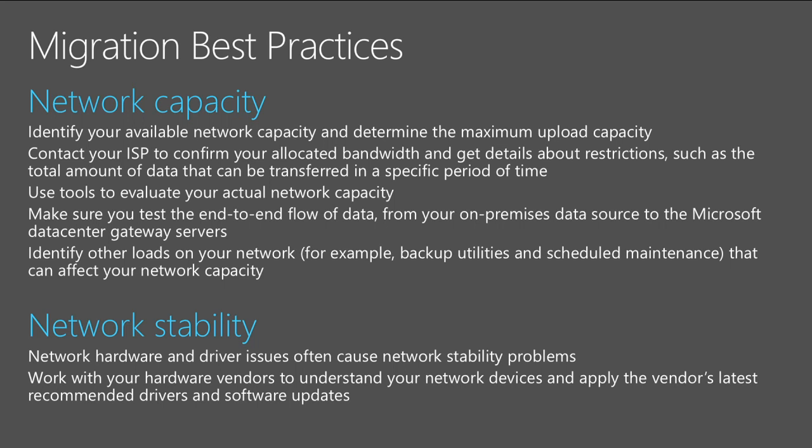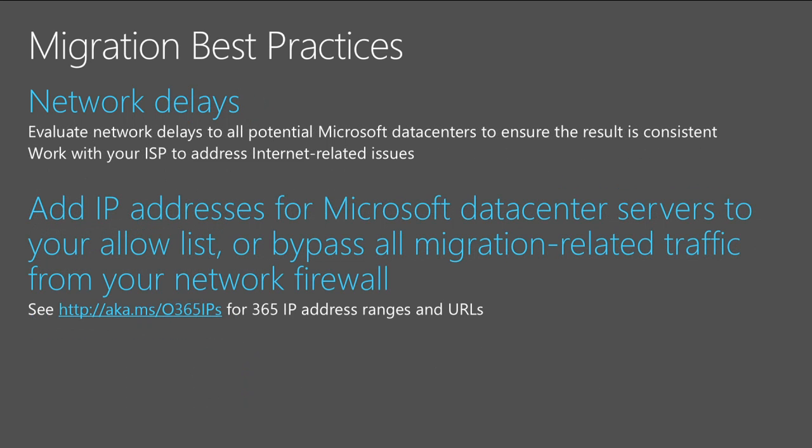All right, with respect to stability, this should be a no-brainer, but really network stability, or instability rather, can cause all sorts of problems with the migration itself. So it's important that you get your hardware vendor's recommendations for whatever hardware you're using to make sure that you're using the latest version or versions that have been patched.